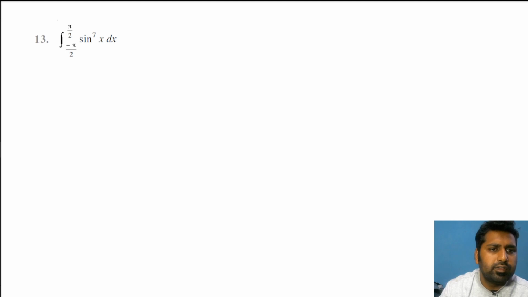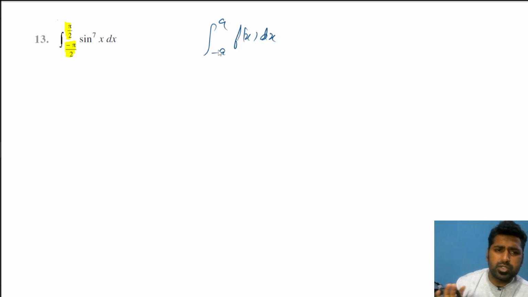Now first of all, reading this question, I see minus pi by 2 to pi by 2. So this is like limit integration minus a to a of some function. The moment I see this, I have to check whether the function is odd or even, because if the function is odd, the answer without any solving is 0. Okay. So this is our function.